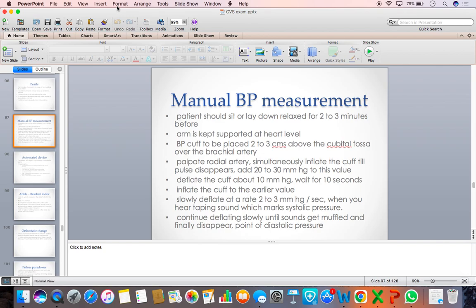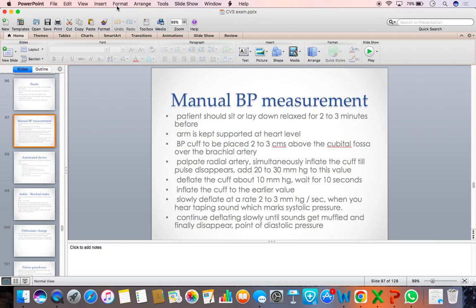Deflate the cuff slowly at a rate of 10 mm Hg, wait for 10 seconds. Deflate 10 mm Hg, wait for 10 seconds. Let the patient relax. Then inflate the cuff to the earlier value. Then slowly deflate at a rate of 2 to 3 mm Hg per second. Slowly deflate. Right?